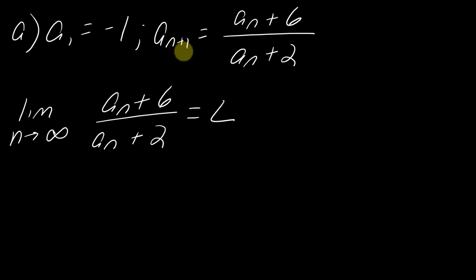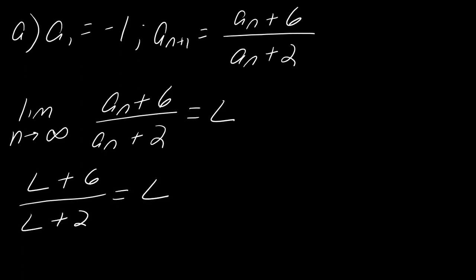And if this whole thing converges to L, then we can probably also assume that these previous terms, since they're all determined by this formula, would also at some point converge to L.